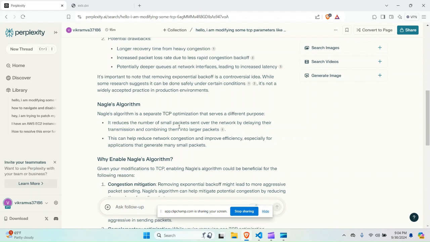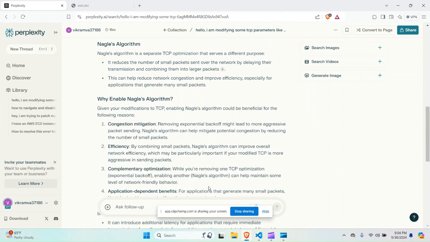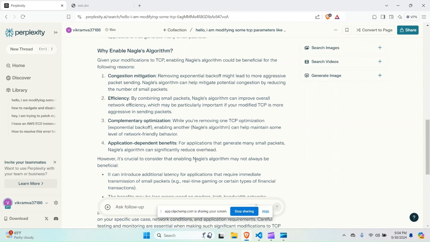So Nagel's algorithm is a very efficiently designed algorithm that works with congestion mitigation and efficiency, complementary optimizations. And actually, if you remove exponential backoff, Nagel's algorithm kind of helps, because exponential backoff means you have no discipline.